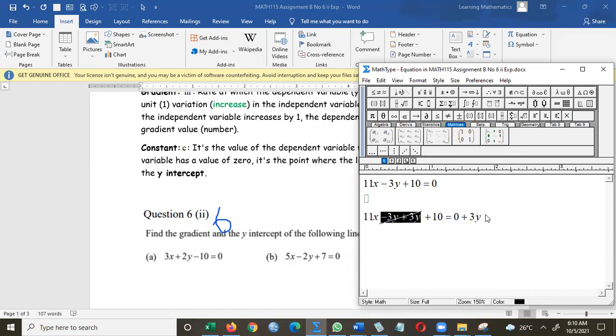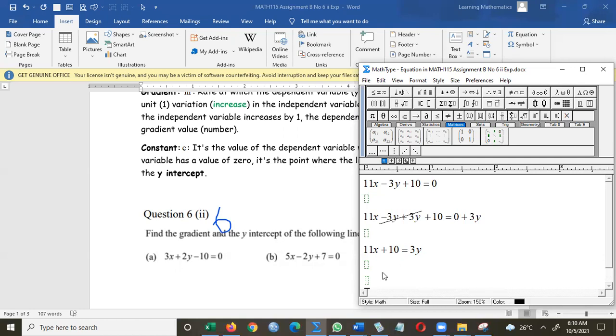So negative 3y cancels out, and we are left with 11x plus 10 is equal to 3y on the right side. Now, it doesn't matter on which side you get the 1y. Once y is by itself, it could be on the left or on the right. So now all we need to do is divide by 3.